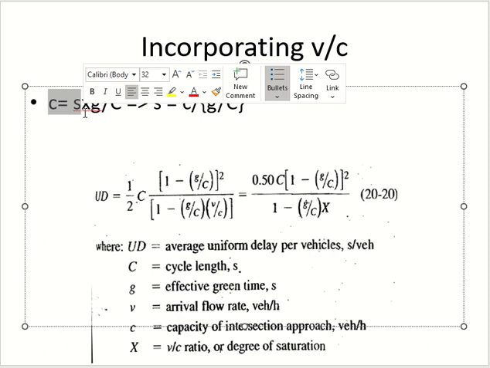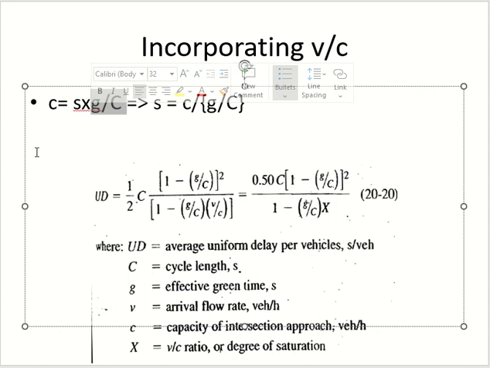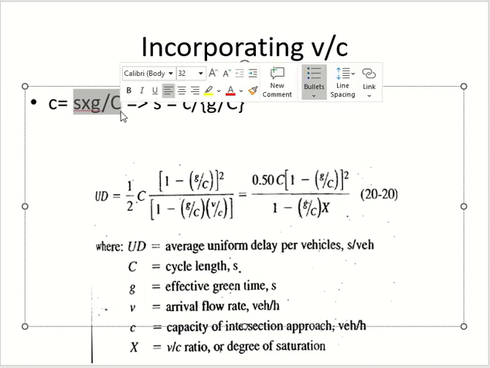Green means no interruption, right? So if the G by C ratio is 1, then capacity equals saturation flow rate. But actually the G by C ratio is not 1, so capacity equals S multiplied by G by C. Clear?